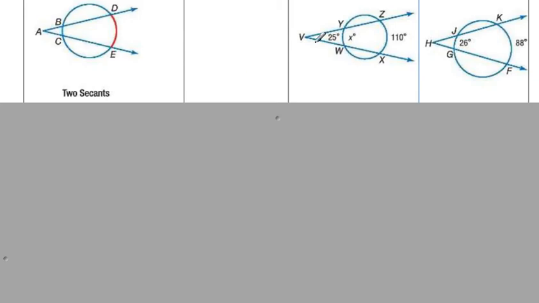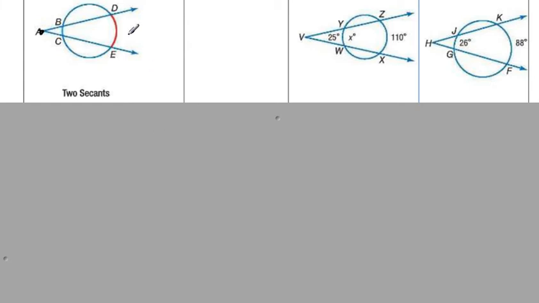Okay, so we really need to pay attention to where the angle is. Now we're looking at the angle and it is outside the circle. So if the angle is outside the circle, then we're actually taking like money out of your pockets. You're taking away from. This is going to be a subtraction problem.